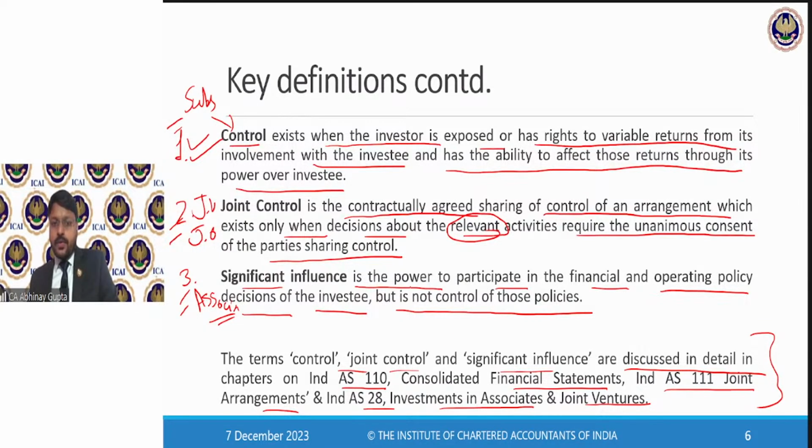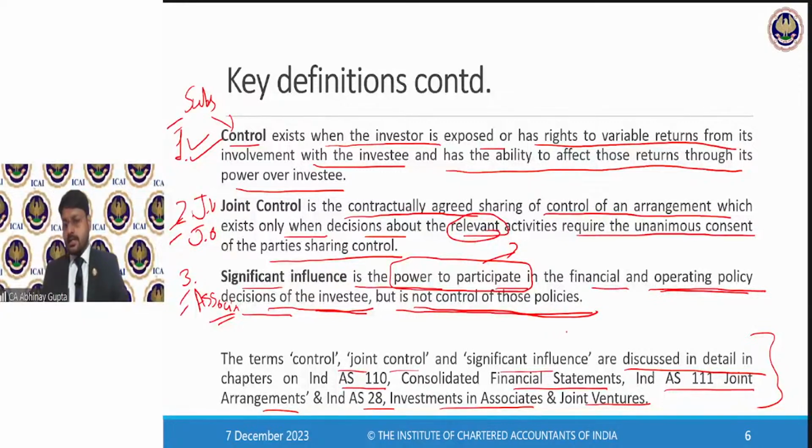Significant influence is the power to participate, the power to say something, and to direct or guide any operating policies or decisions of the other company, but I cannot force my say on those policies or decisions.